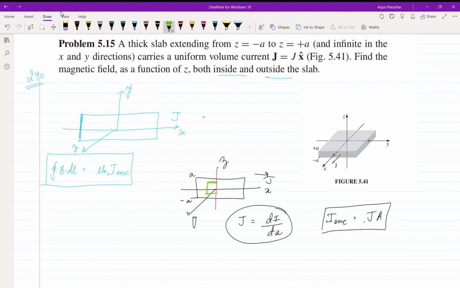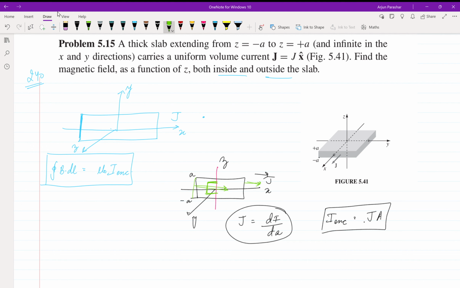If we consider this closed loop, and a current going through this closed loop from here to here, then for the direction of the magnetic field, we place our fingers in the direction of current and curl them in the direction we take the distance.